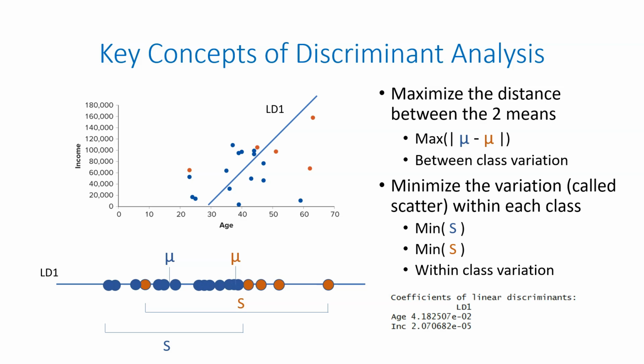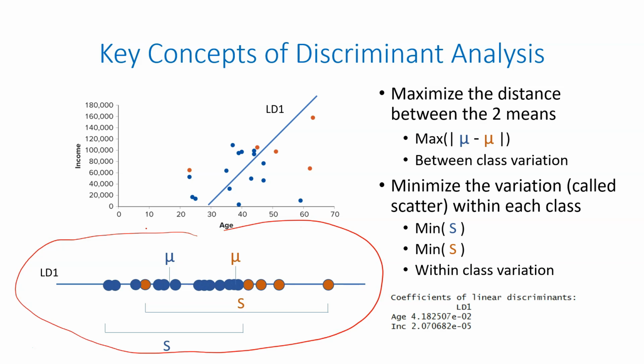Now let's look at this diagram from a different perspective. Let's see what happens when the data points are projected onto the new dimension, LD1, as shown here at the bottom. As you can see from this slide, the diagram on the top is the original diagram with LD1 plotted.